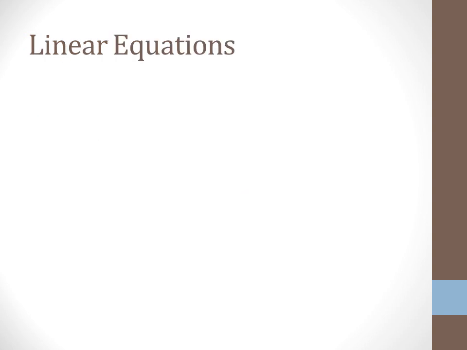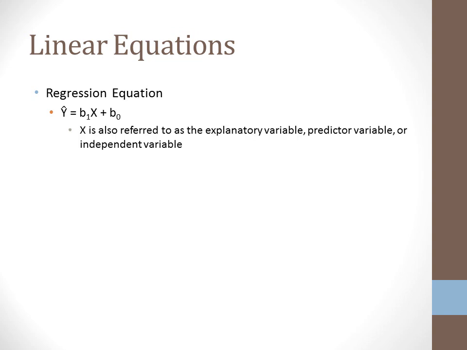Linear equations. In general, a linear relationship between two variables, x and y, can be expressed by the regression equation, often written as follows: y hat is equal to b sub 1 multiplied by x plus b sub 0, or b sub naught. In this example, x is also referred to as the explanatory variable, the predictor variable, or the independent variable.